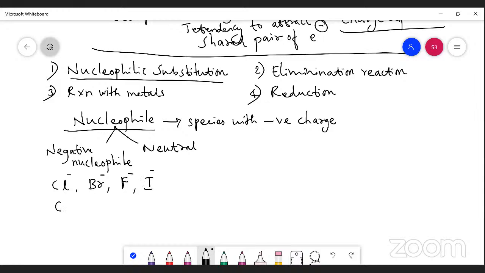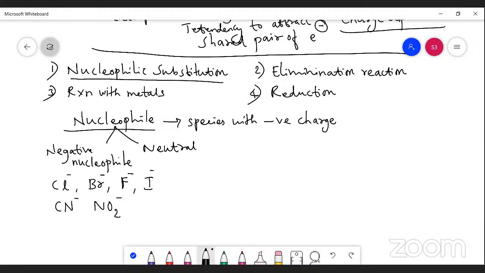These carry a negative charge only, so we should end with the word ion.